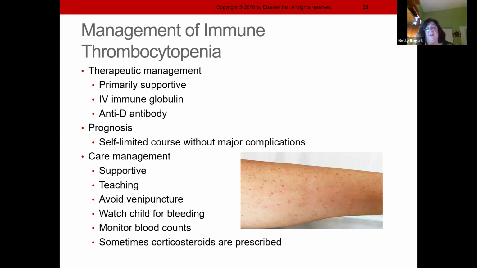And if they're in the hospital, probably doing a CBC, checking out what is their platelet counts? Is it recovering, with the support of the IVIG and anti-D? Sometimes, they put these kids on steroids. So again, when you're doing thrombocytopenia, you're always watching for bleeding. That is the big caution.